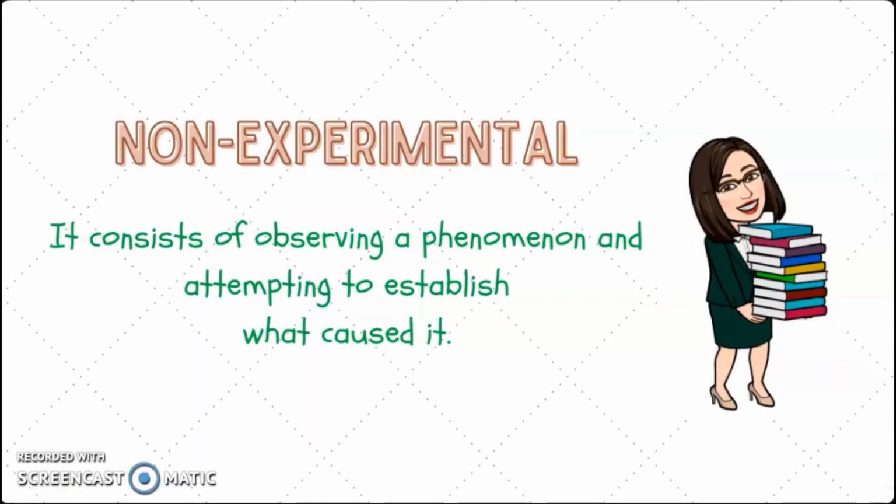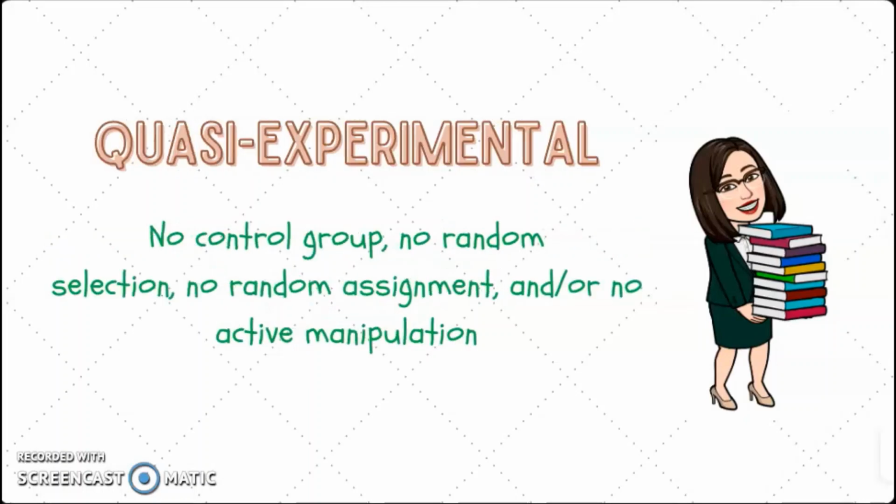So for experimental, the researchers are assuming that a particular intervention will cause some type of change. But non-experimental involves assuming that something has already caused the change, and the researcher's task is to find out what caused the change.